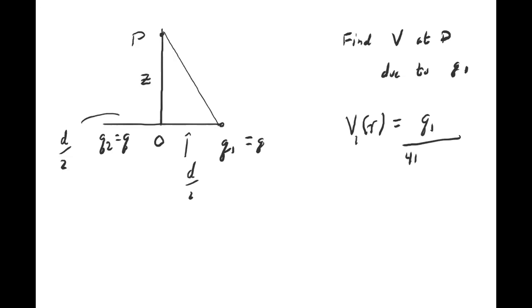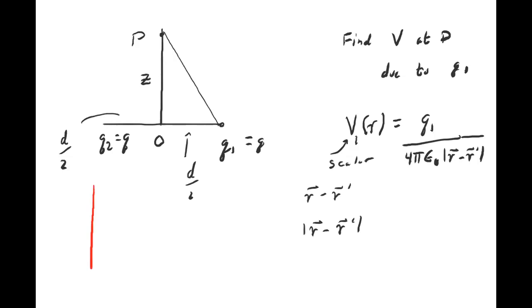So the general form is just Q sub 1 over 4 pi epsilon naught divided by the magnitude of R minus R prime. This thing on the left-hand side is a scalar. So all I have to do in this problem is figure out what R minus R prime is and figure out what its magnitude is. That's pretty easy to do.